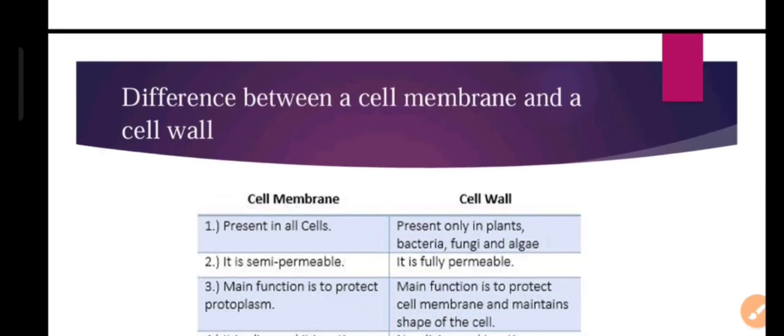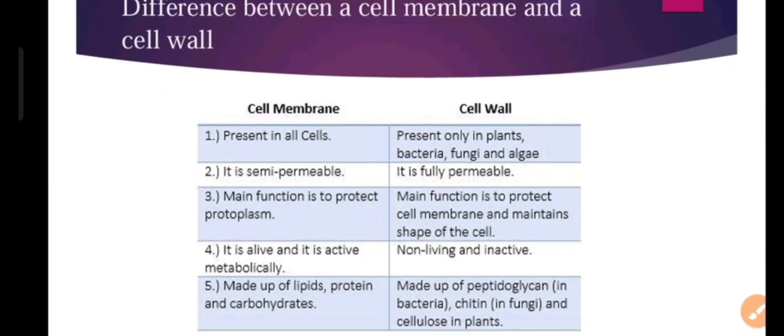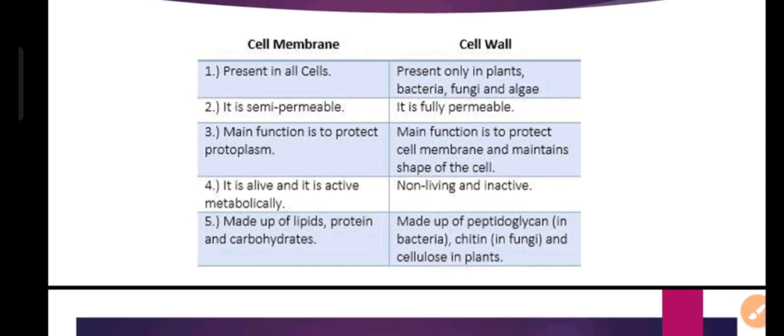And then coming to the difference between the cell membrane and the cell wall. The cell membrane is present in all cells, in animal cells and plant cells also, but the cell wall is present only in plants, bacteria, fungi, algae and the like. The cell membrane is semi-permeable because it allows only selective substances through it, but the cell wall is fully permeable.